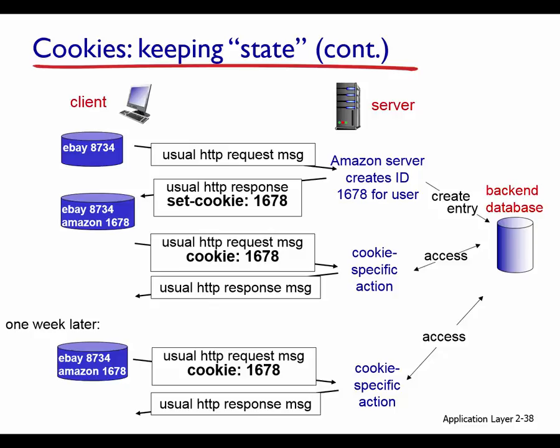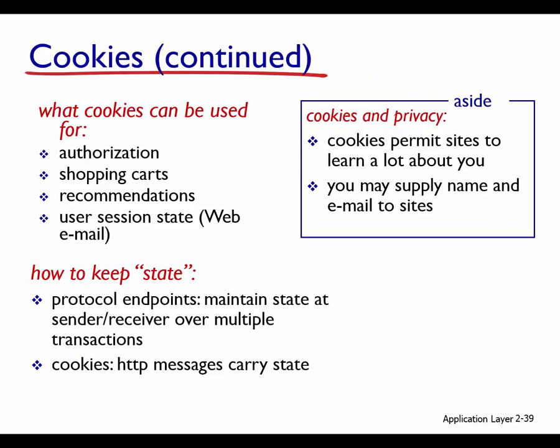So now different things, like say you're on that Amazon server and you have a shopping cart saved, or you can track your Amazon transactions, all those things can get saved in that database, if that's something that you'd like to do. Obviously, cookies are an optional feature. You don't have to do that.